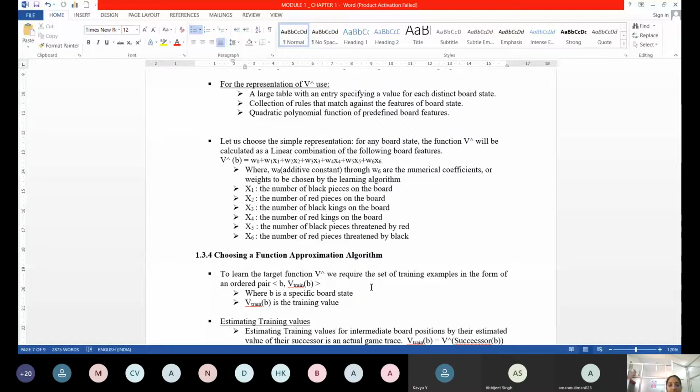We require the set of training examples in the form of an ordered pair. You could see that there are two values associated with it. One is the board state, and one more is a particular value associated with every board.